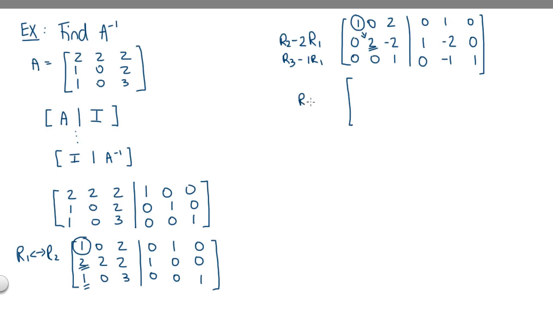So to do that, let's take row 2 divided by 2. And we'll get 0, 1, negative 1. And continuing to divide by 2, we'll get a half, minus 1, and 0. And we can recopy our other 2 rows because they're not changing in this step.